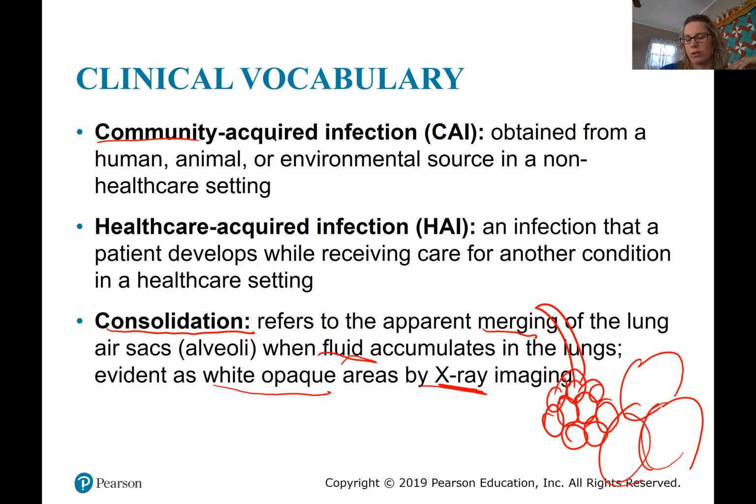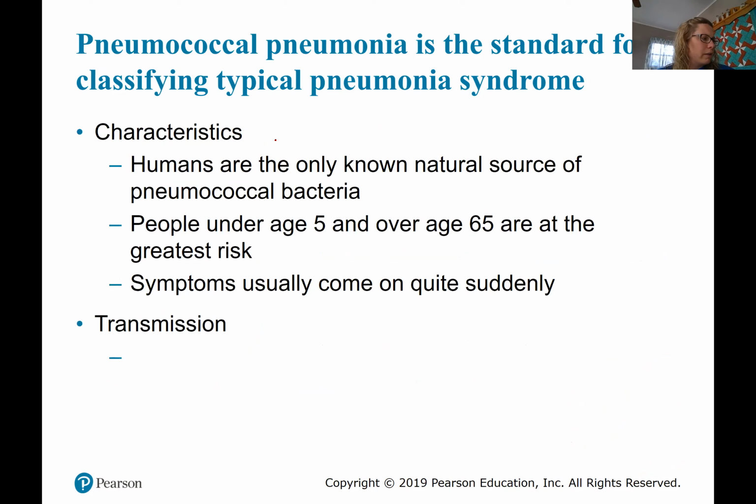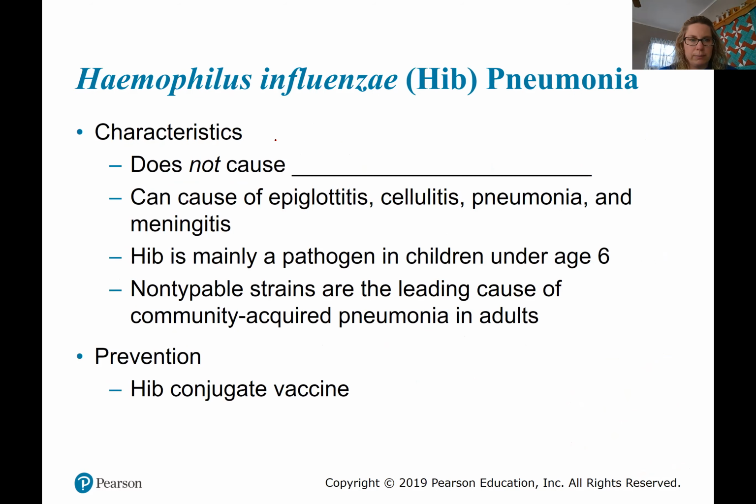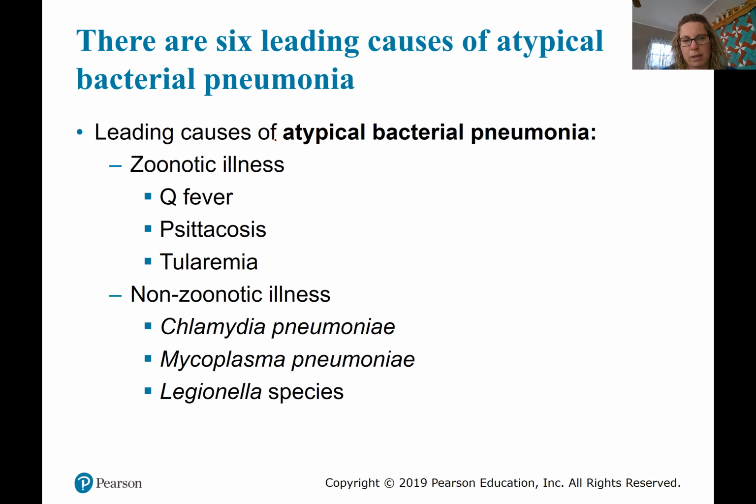Okay, and there are other ways that you can get pneumonia from the hospital as well. Okay, so I'm going to skip through all of these slides here. I'll let you guys look at those. So those are all some of the causes of the typical consolidated pneumonia.